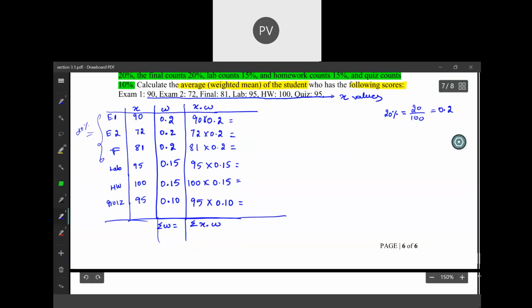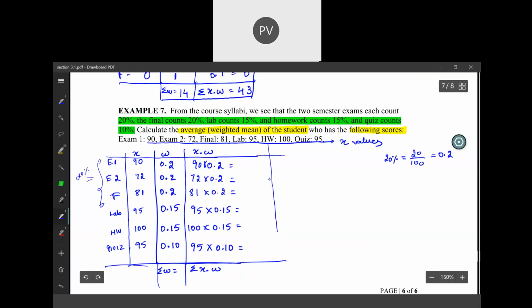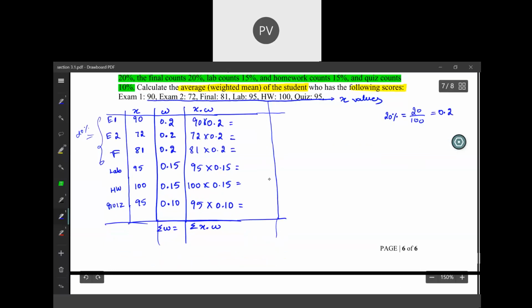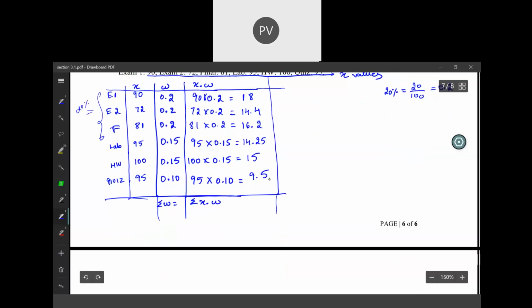Compute all this. So your answer must be 18, 14.4, 16.2, 14.25, 15, 9.5, and if you add all these values you must get the answer as 87.35.